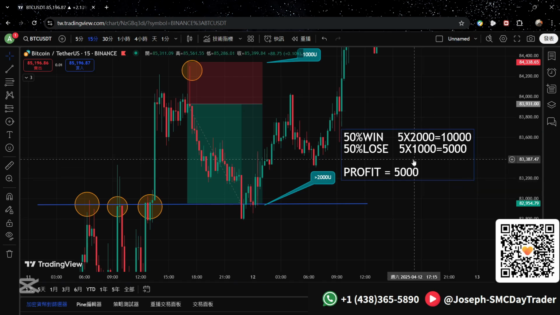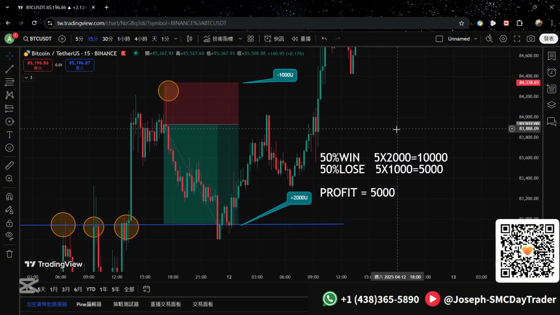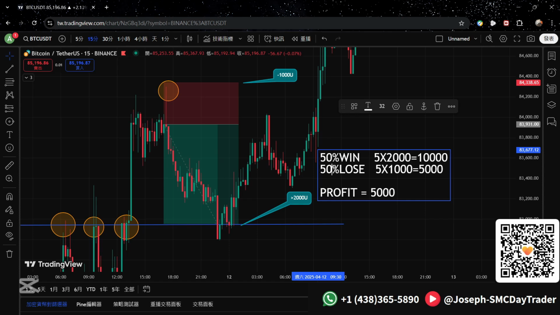So just imagine you don't have to have an 80%, 70%, or even 90% win rate. You just have to have 50%. Even if you get less, for example if you are a beginner with maybe a 40% win rate and 60% loss, you can still make a profit from this setup.